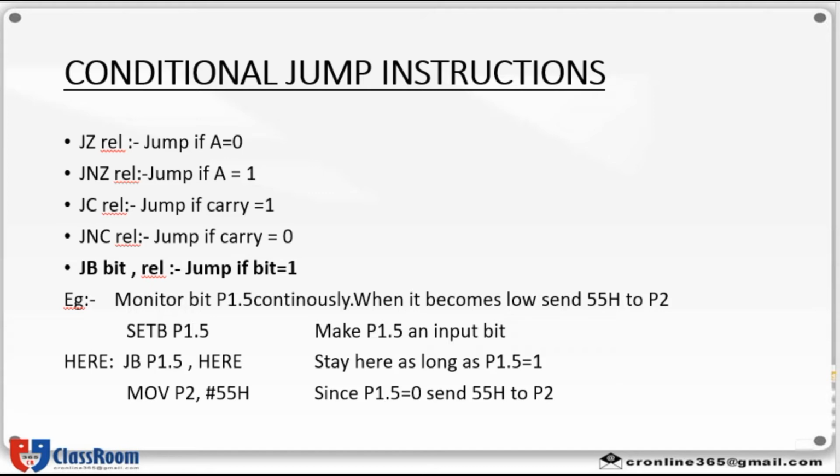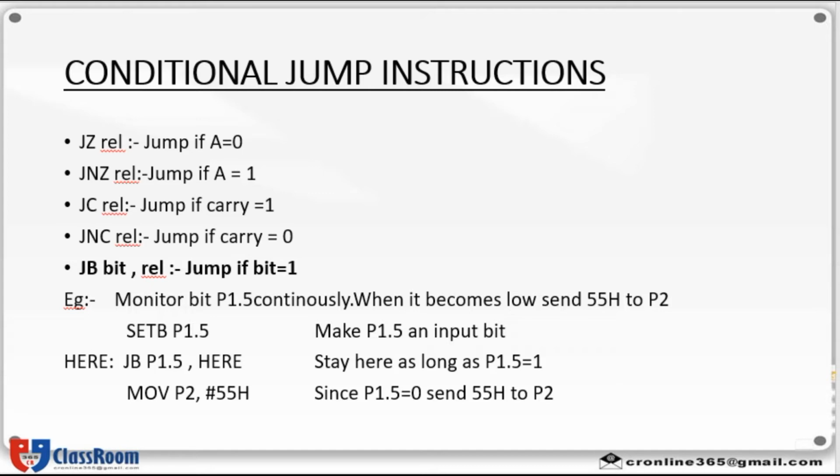So, what is the next instruction? JB. JB means jump if bit is equal to 1. So, you have to stay here. Here JB P1.5 means you have to stay here as long as this P1.5 value is equal to 1. So, our first condition is satisfied.